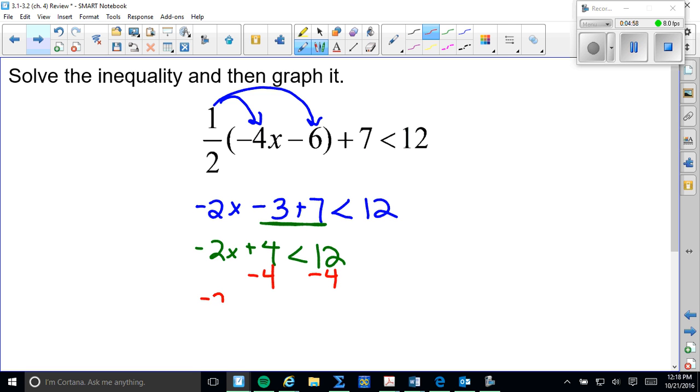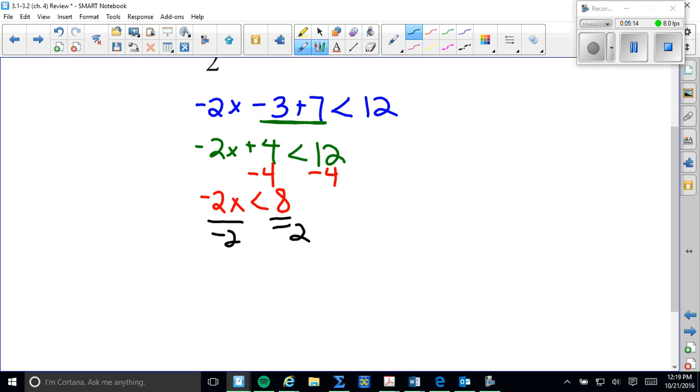So we have negative 2x is less than 8. The next step is going to be divide by -2. And when doing that, we now get x is greater than -4. Hopefully you realize that when you divide by a negative, you have to flip the inequality sign. So now we're going to go ahead and graph that.